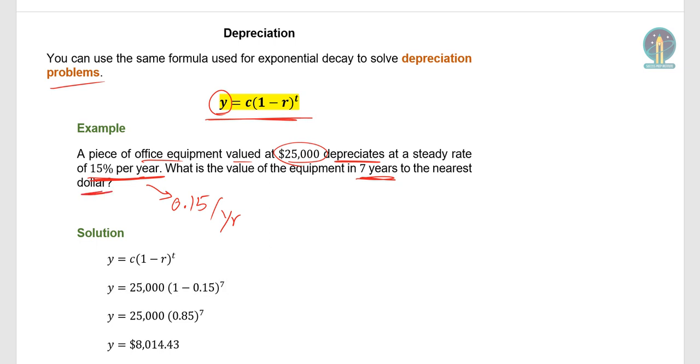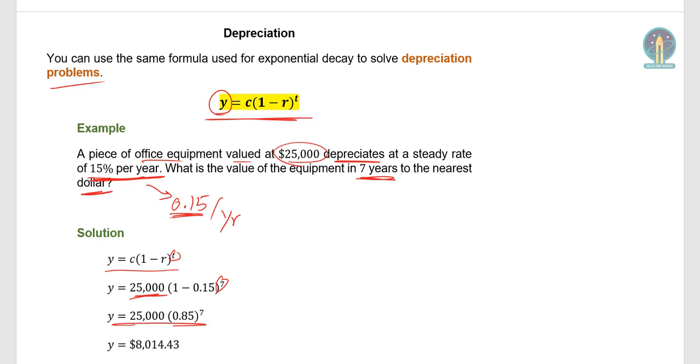So again, we write the equation y equals c times (1 minus r) raised to the t power. So 1 minus r is 1 minus 0.15, my rate of decay. The time period is 7 years, and my initial amount, obviously, was $25,000.